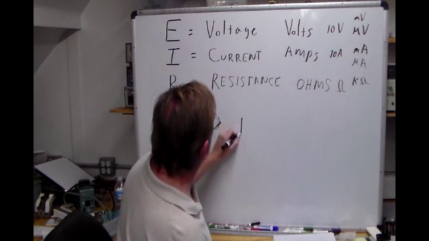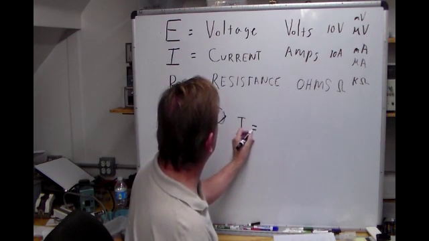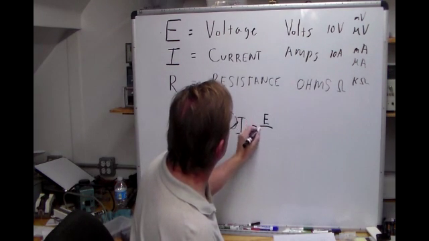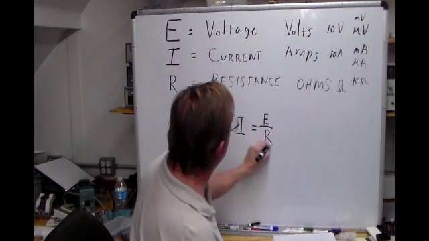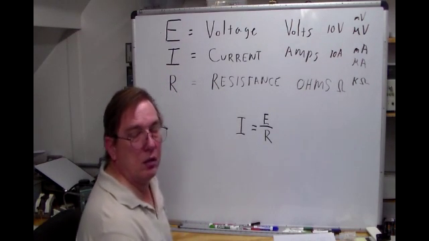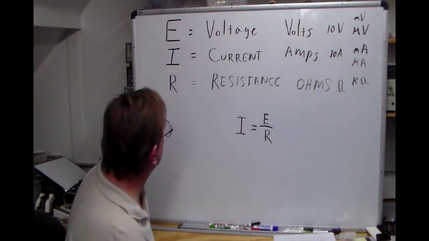And the relationship is the current in a circuit is equal to the voltage over the resistance. And that's it. Wow, that looks like really hard math, doesn't it? A fraction.